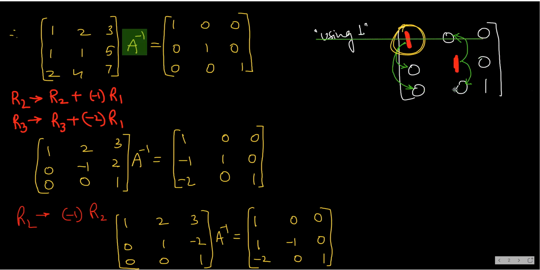So here we used this one, and then we got 0, 0. Because we are using row transformation, you can get 0 here and 0 here. That is the compulsion. Remember, it is not column transformation.